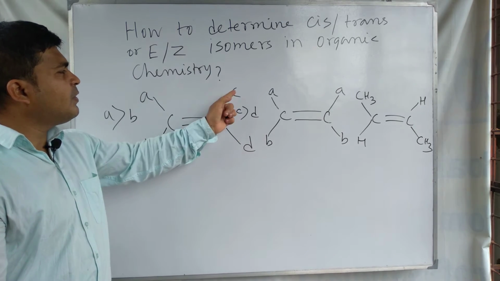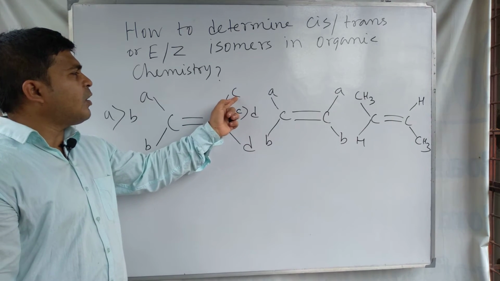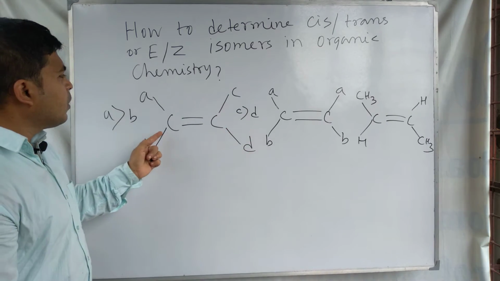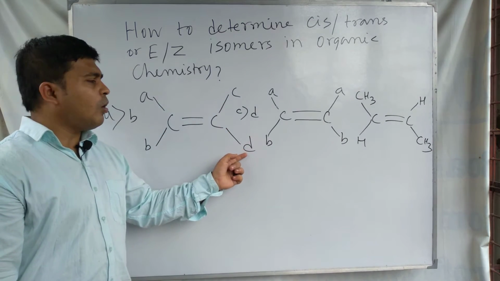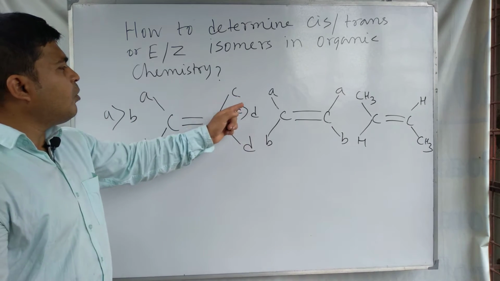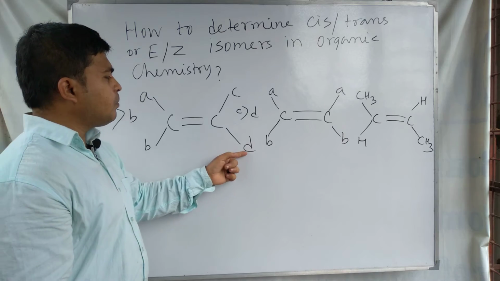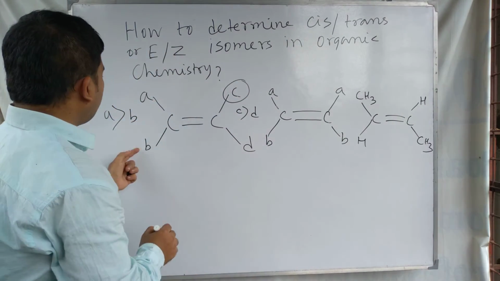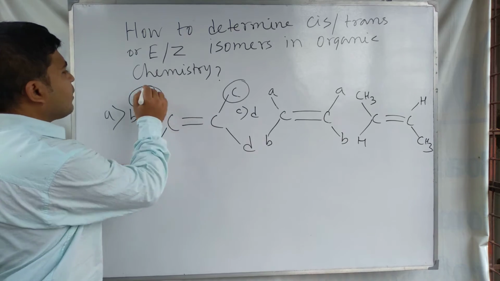If you find that the C group of atoms has higher priority than the D group of atoms, or only D atoms, then among these two, C has higher priority, and among these two groups of atoms, A has higher priority.